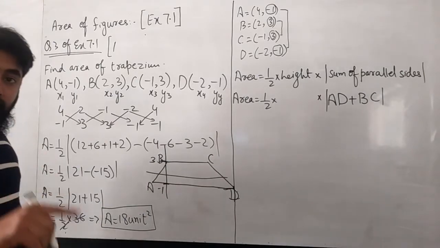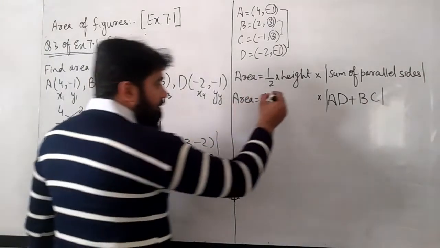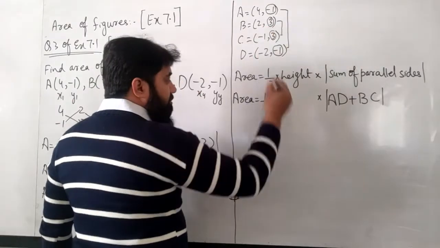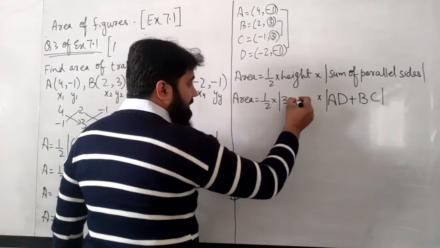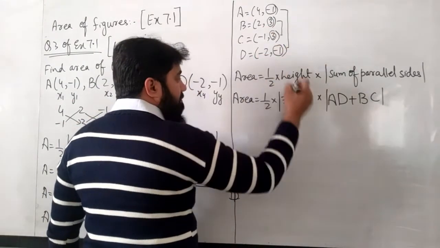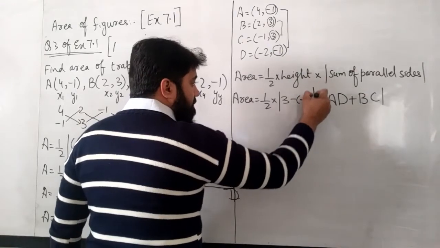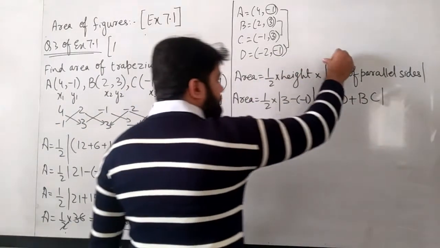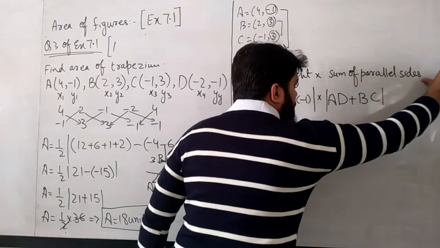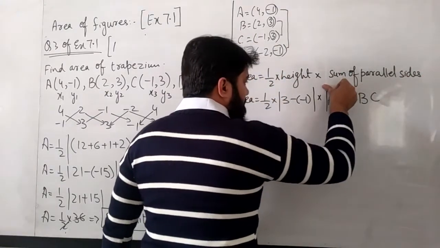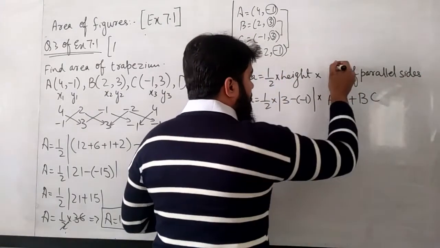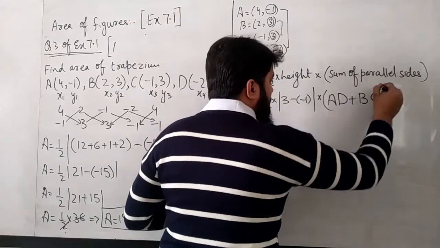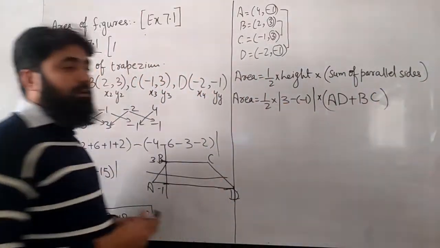I will write it in modulus: 3 minus minus 1, also in modulus. If you don't write this in modulus, it's totally okay. You can write them in brackets, but this has to be modulus.